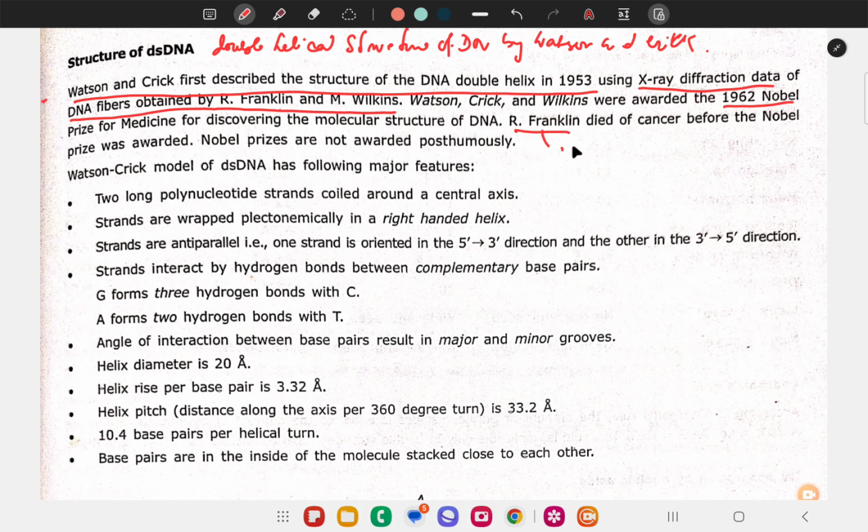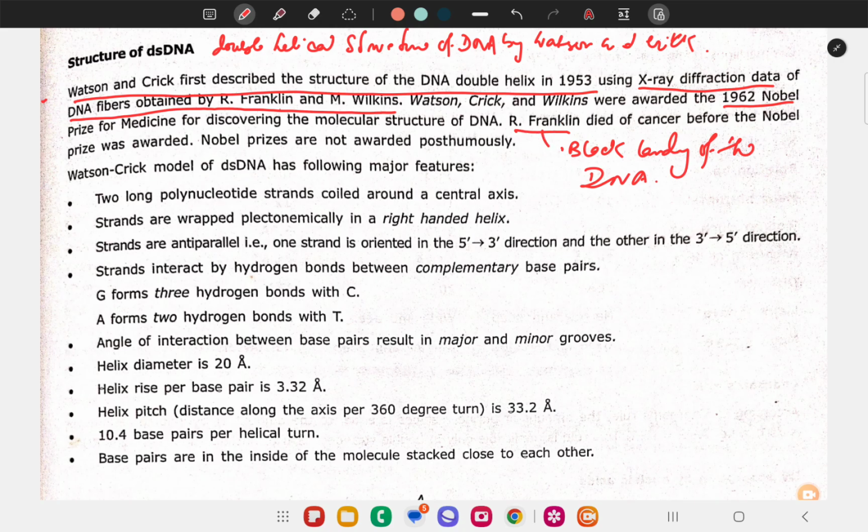She is called the Black Lady of the DNA, because in that time a dead person did not get the Nobel Prize, but nowadays a dead person can also get a Nobel Prize on the basis of their work.